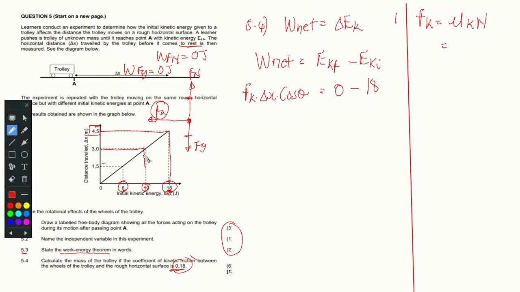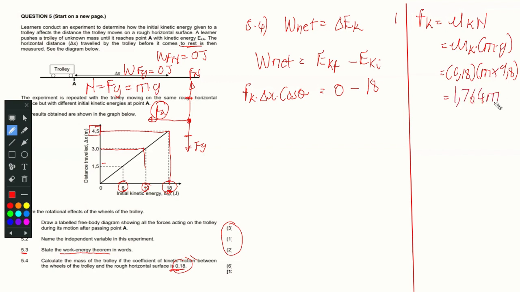So we'll have mu k multiplied by the mass times the gravitational acceleration, remembering that Fg breaks down to mass times g. The coefficient we are given is 0.18, and the mass is what we are looking for, so it's m, multiplied by 9.8. Very interesting question. So 0.18 multiplied by 9.8 gives us 1.764.